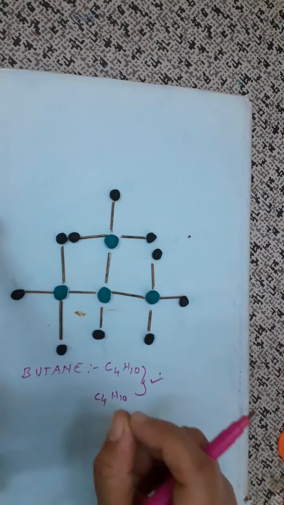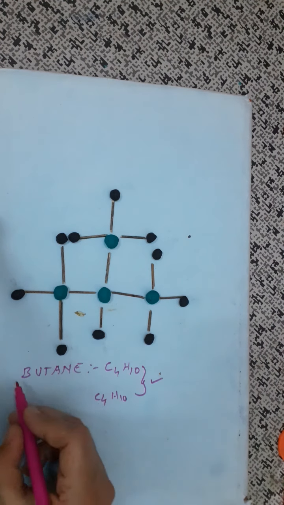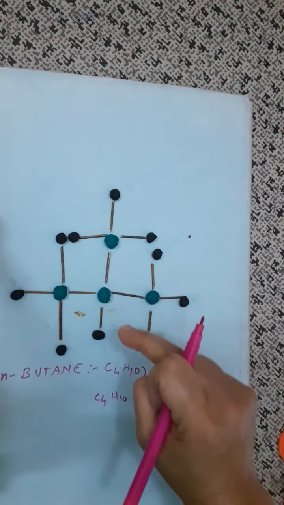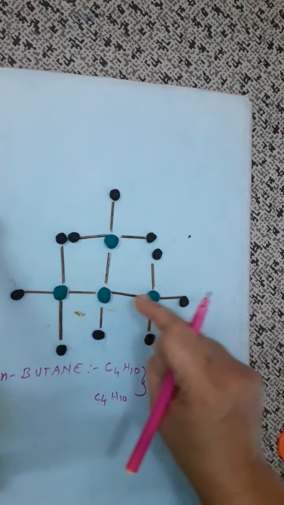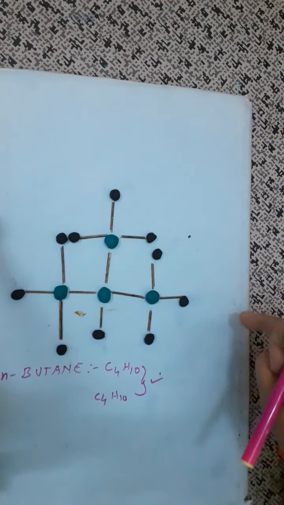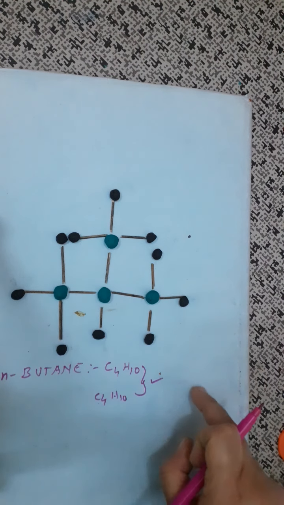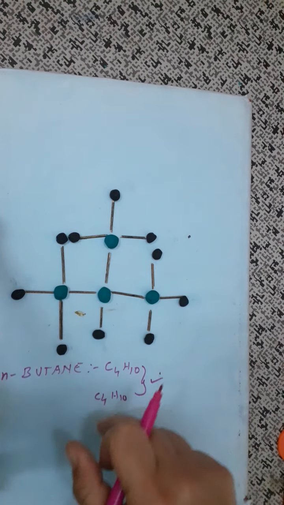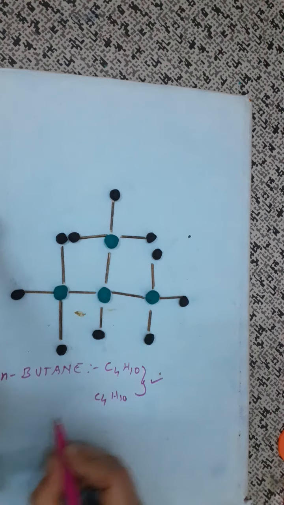It will get another specific name. When it is a straight chain, we call it n-butane. But now that it is branched, it no longer has 4 carbons in the straight chain. It becomes a compound of 3 carbons. So what is its new name?